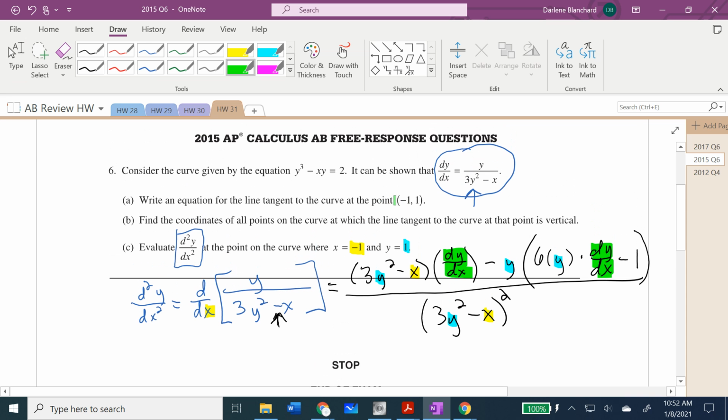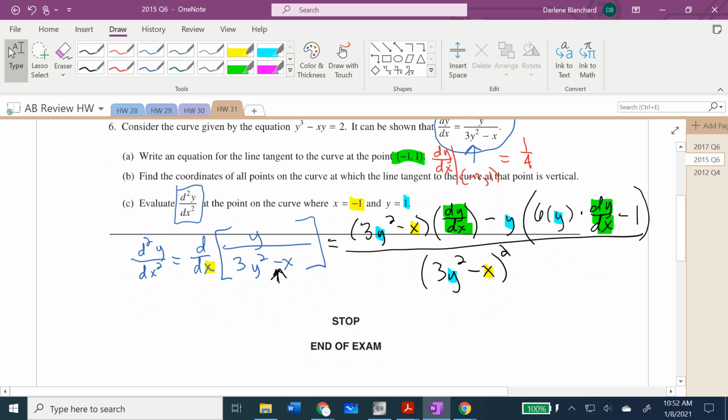In part 1, we found the slope at that point to be 1/4. So I will replace each of those dy dx's with 1/4.